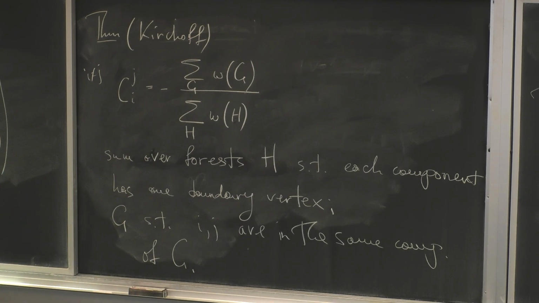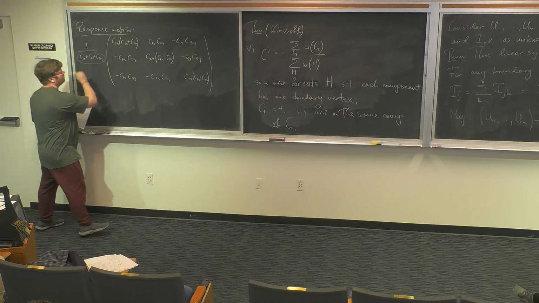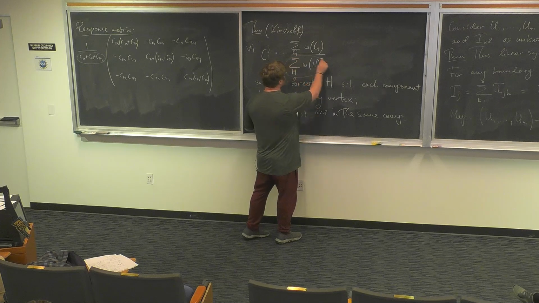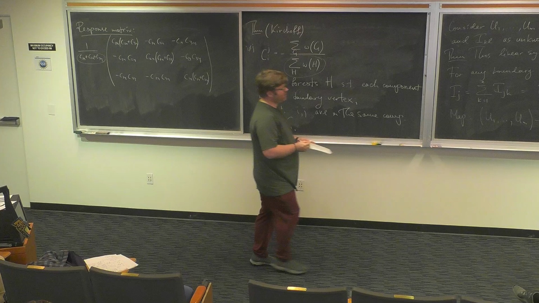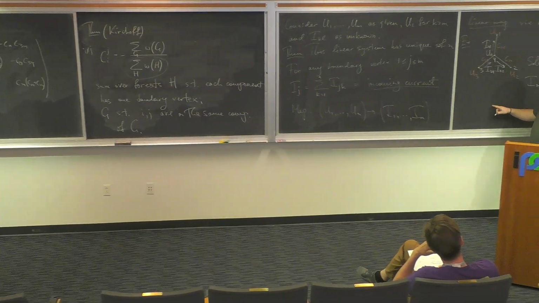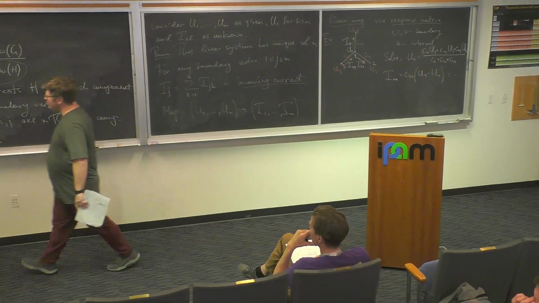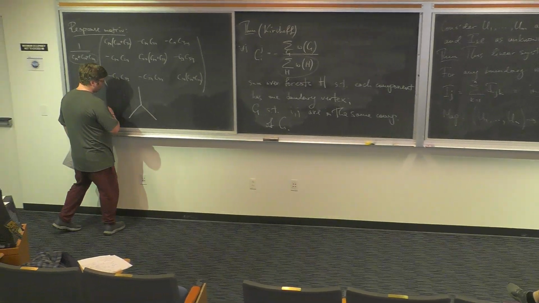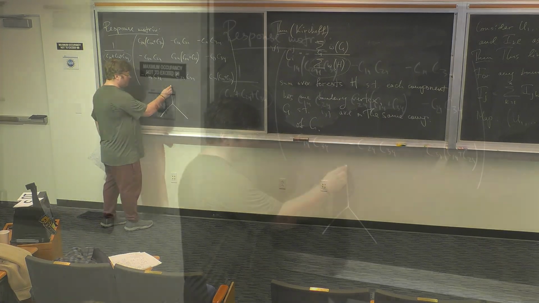So let's see how it works in this example. First of all, this denominator over here, that better be this thing over here. So we want to sum over all subgraphs of this graph such that it's a forest.